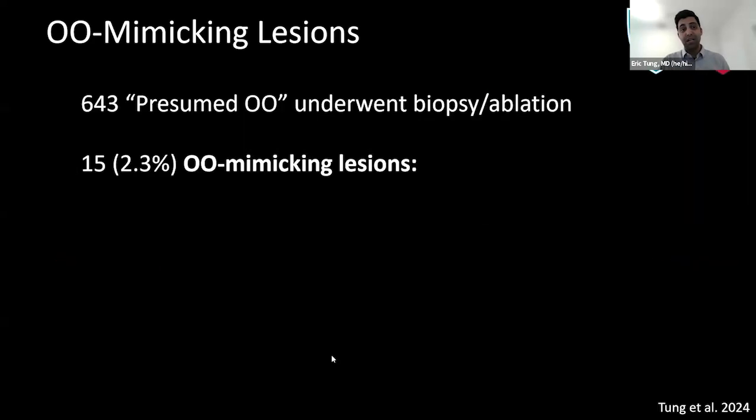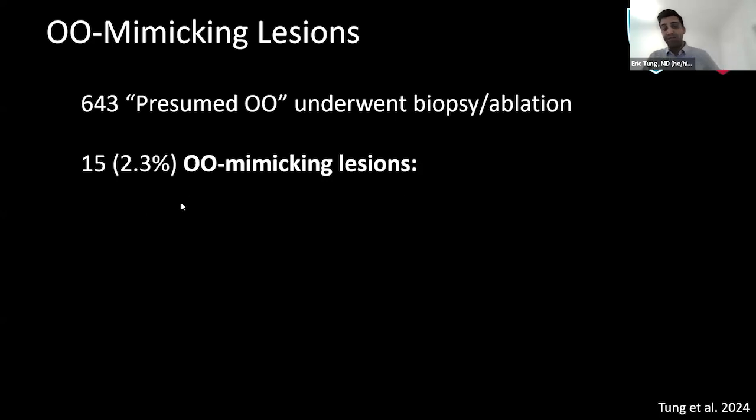It's important to keep in mind that you may want to use the term "most consistent with an osteoid osteoma" or "presumed osteoid osteoma," because sometimes we don't know until we put a needle in it. From some work that I did over at Mass General, we looked at over 600 cases of presumed osteoid osteomas that underwent biopsy and ablation.